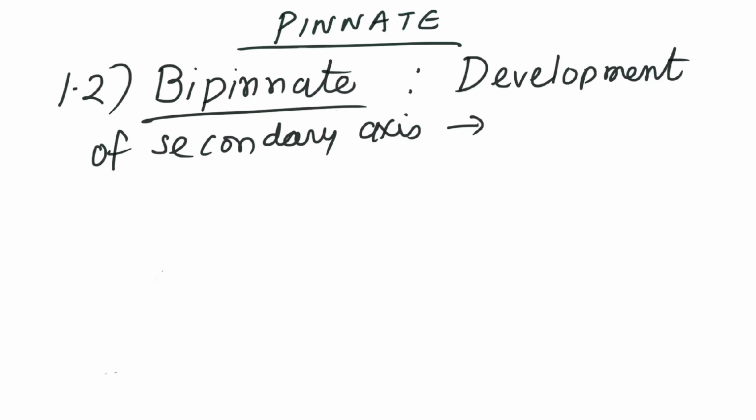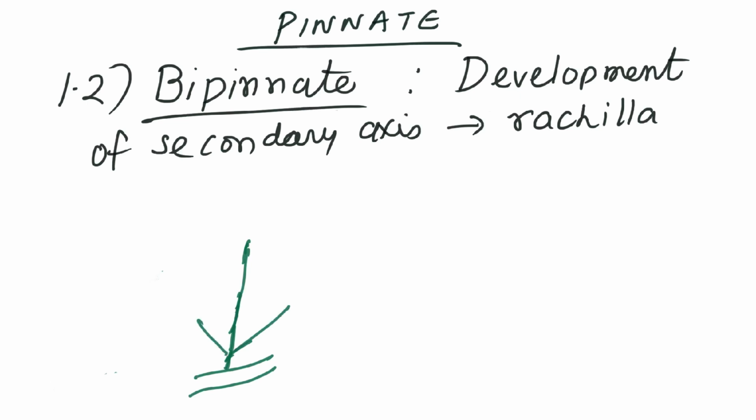Here there will be a secondary axis, and that is called rachilla. So bipinnate, the characteristic notable feature is the development of a secondary axis, the technical term being rachilla.